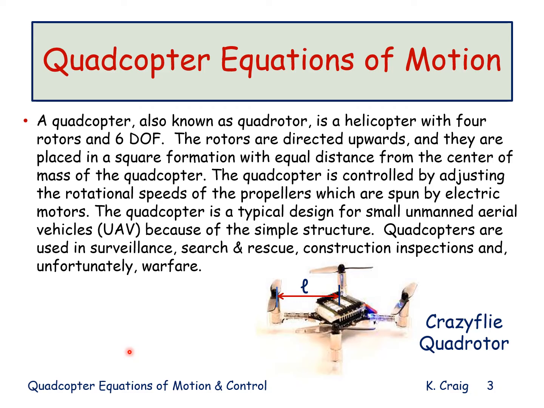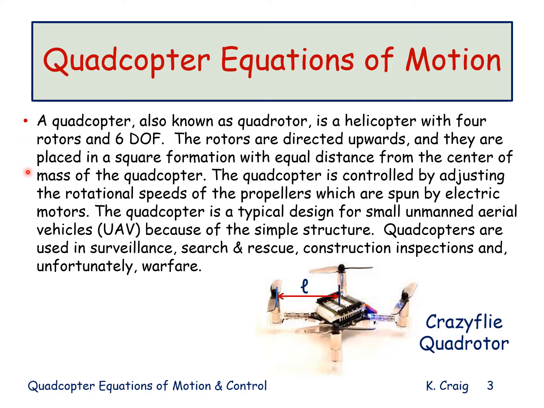Quadcopter equations of motion. A quadcopter, also known as a quadrotor, is a helicopter with 4 rotors and 6 degrees of freedom. The rotors are directed upwards, and they are placed in a square formation with equal distance from the center of mass of the quadcopter.